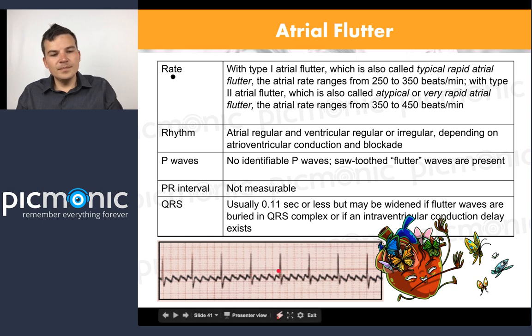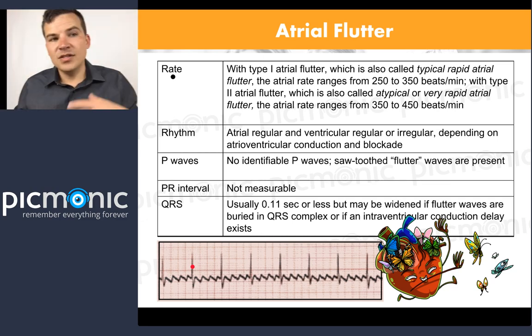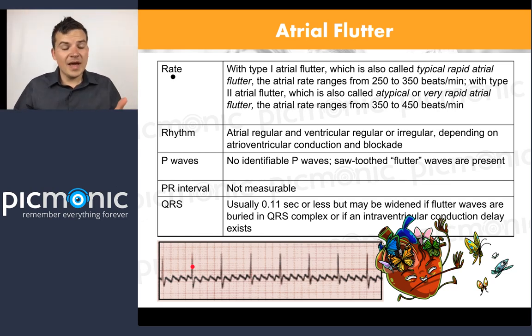So when you look at the rhythm, is this rhythm regular or irregular? Well, if it's regular, that means there's 1 P before every QRS. The R to Rs and the P to Ps are a 1-to-1 ratio. So it's an irregular rhythm. And this is where it gets confusing. Is it doing the same thing over and over? Is it regularly irregular? Or is there literally no pattern whatsoever?